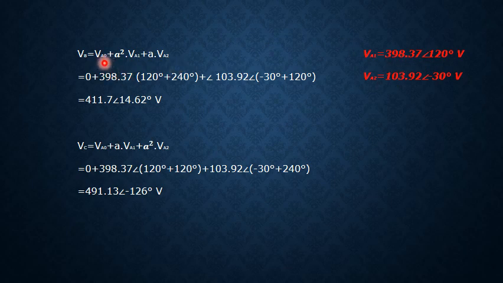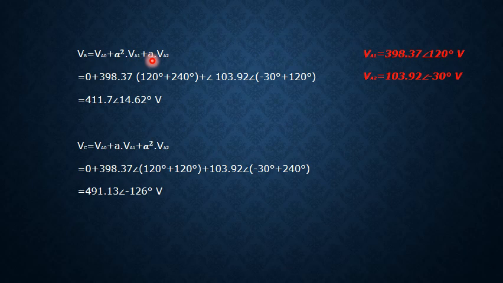So Va0, as we know, will be equal to 0, and a square represents what? 240 degrees having a magnitude 1. So 240 plus what is the angle we are getting for Va1 as 120 degrees. So 120 degrees plus 240 degrees, then plus what is the angle for operator a?